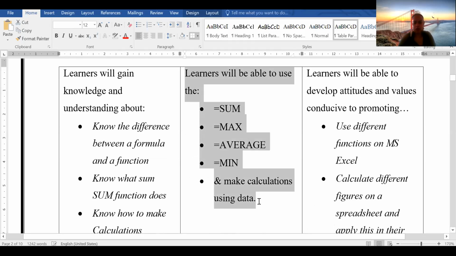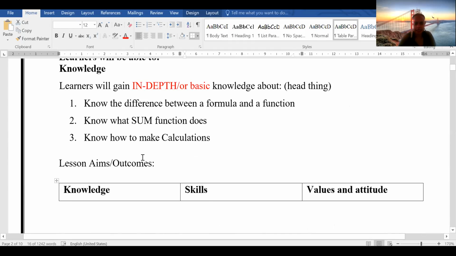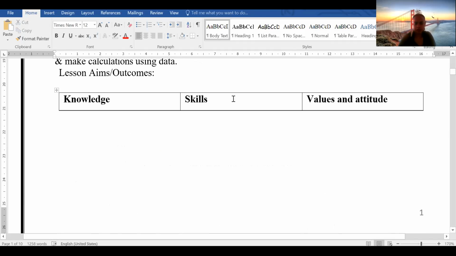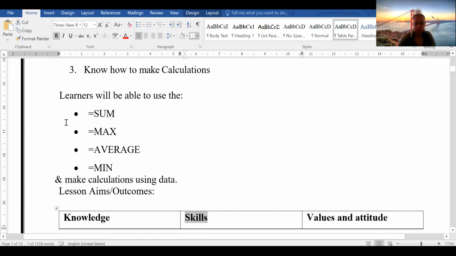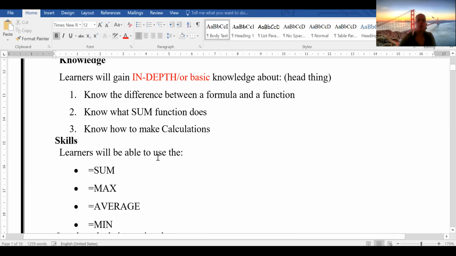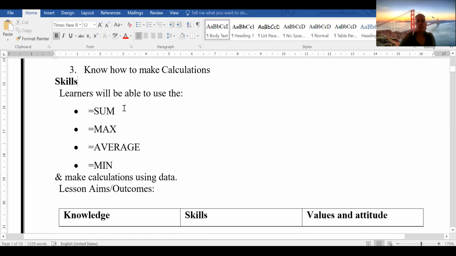The students will be able to gain the following skills. So the learner will be able to use the sum function. So this is the student actually doing. So this is where the theory of Dewey comes in.